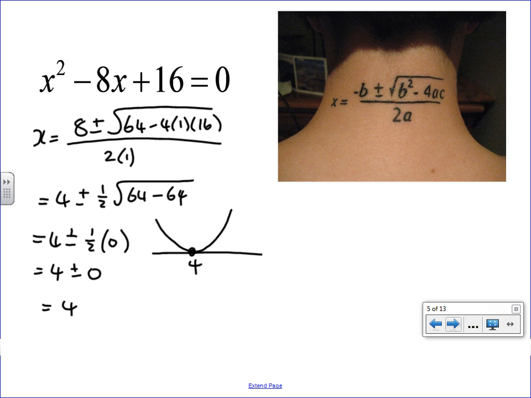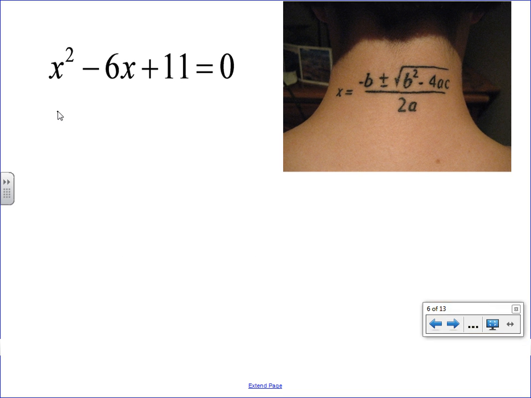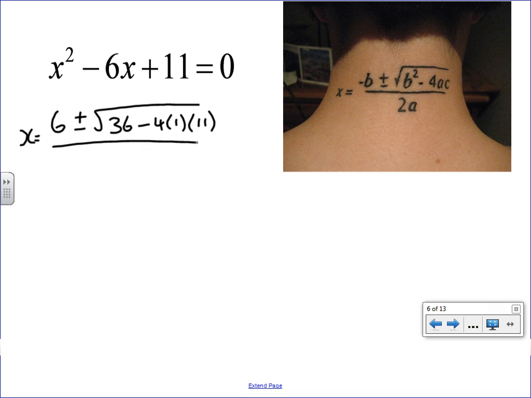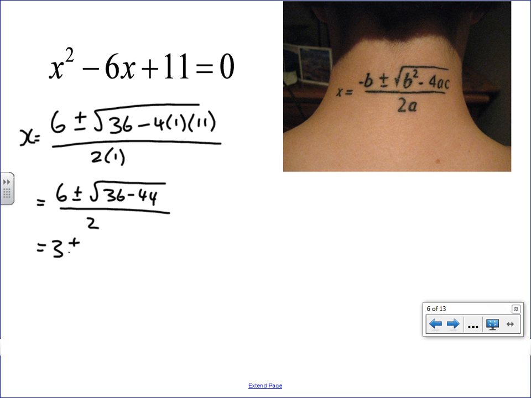That's fine. Okay. Next, x equals minus b plus or minus the square root of b squared minus 4ac all over 2a, which is 6 plus or minus the square root of 96 minus 44 over 2, which is 3 plus or minus a half root minus 11, 12? 8. Still minus.